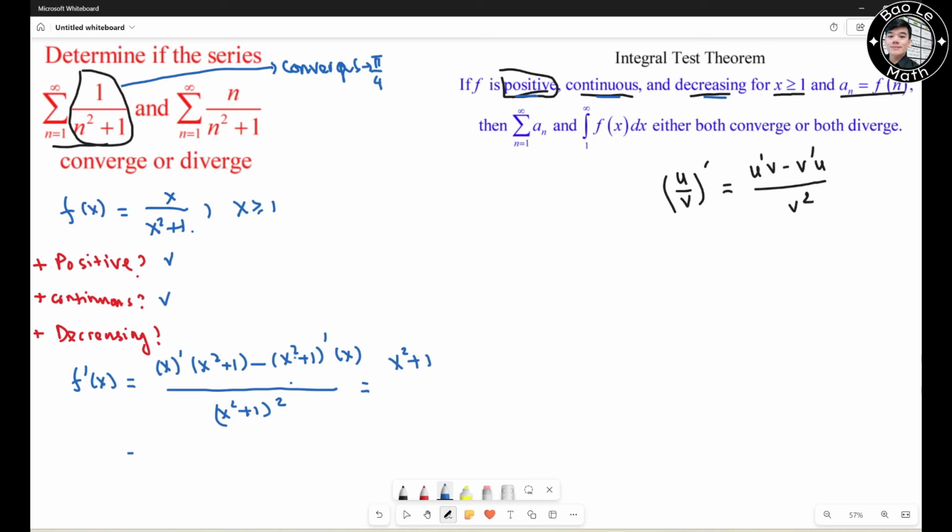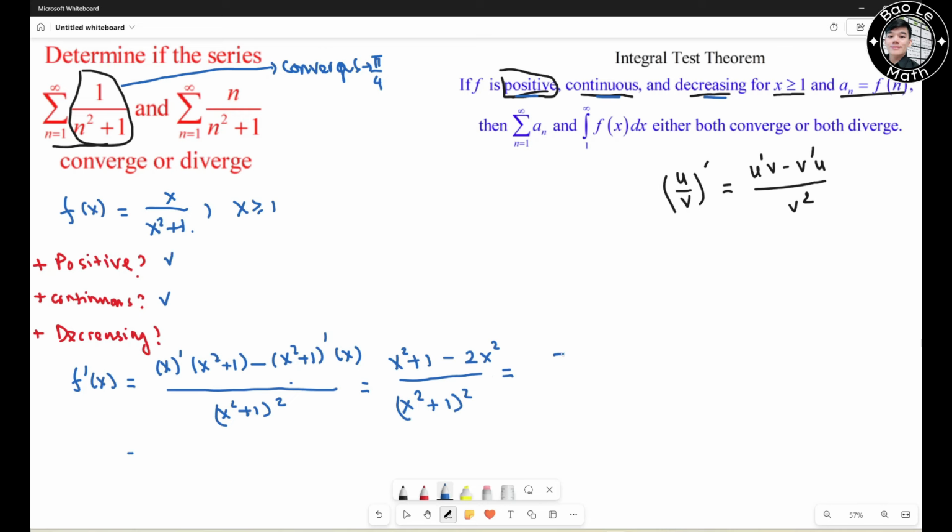This guy is going to be negative 2s times s, which is negative 2s squared, over s squared plus 1 altogether squared. Alright, so we need to simplify.